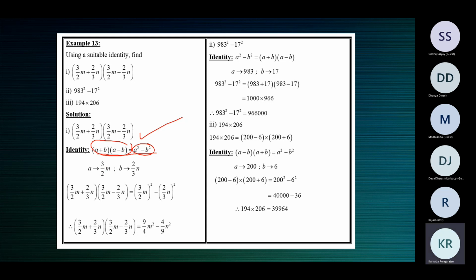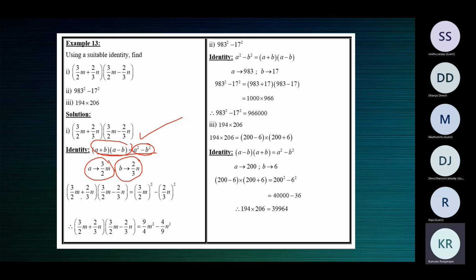So you can make out that a is 3 by 2m. Do you agree with this? And b is 2 by 3n. Is this correct? Yes, ma'am.